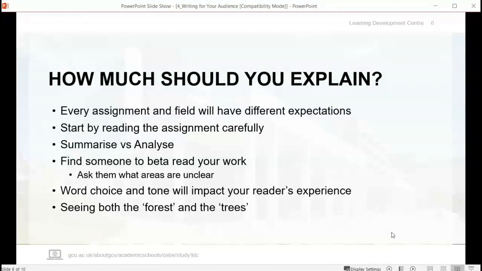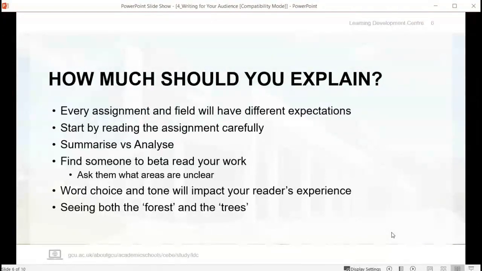Your word choice and your tone are going to impact your reader's experience. In academic reports and in reports in the business world, you are 100% expected to write in a formal tone. One example of being formal is that you do not use contractions. So you say do not and not don't, right?